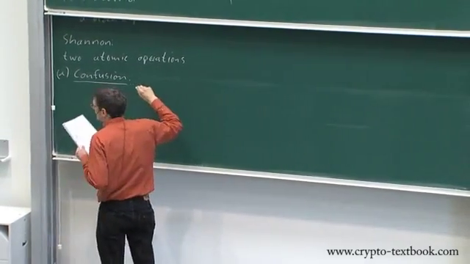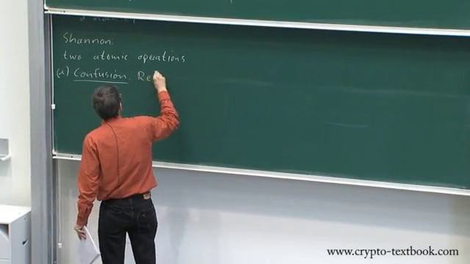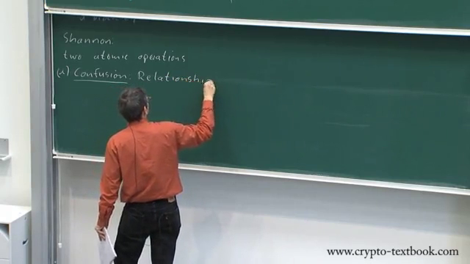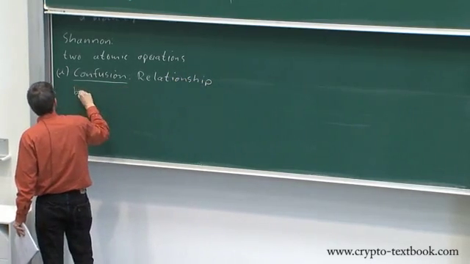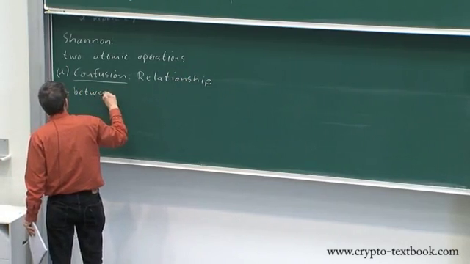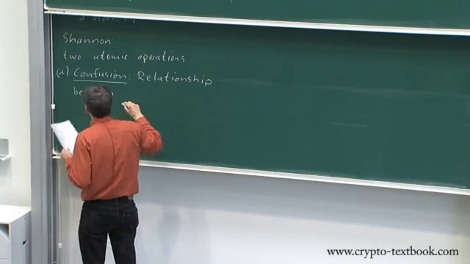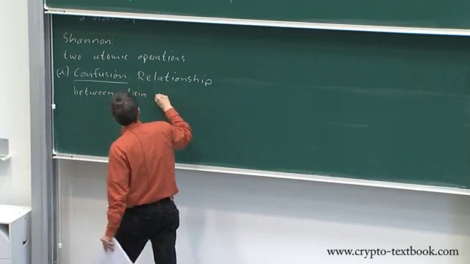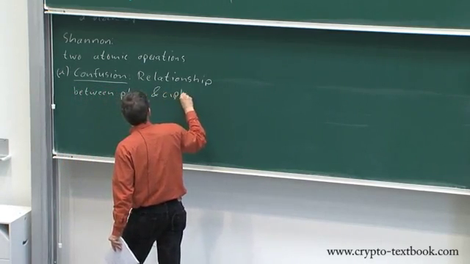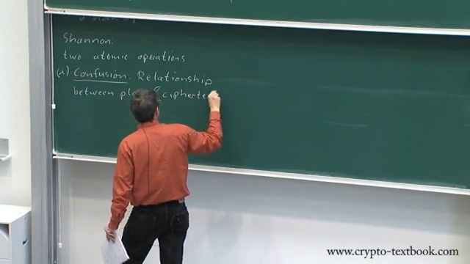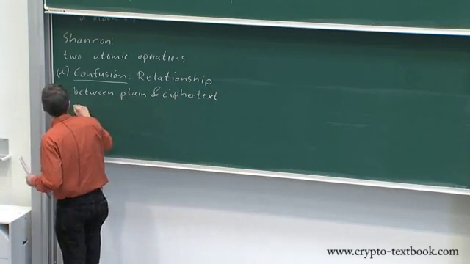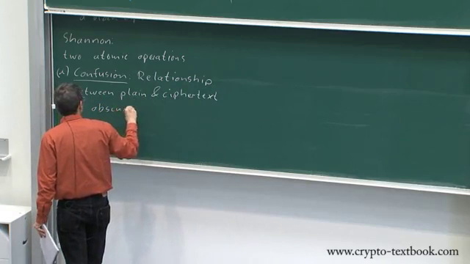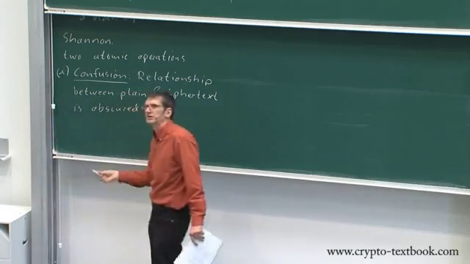Confusion is when the relationship between plain and ciphertext is obscured or hidden.